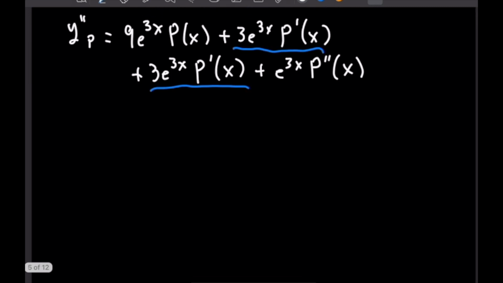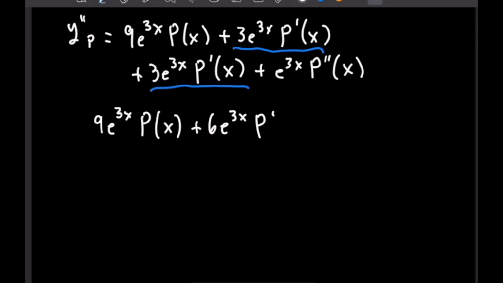So the coefficient for our y double prime is just 1, so we'll have 9e to the 3x times p of x plus 6e to the 3x, because those two terms combine, times p prime of x. And lastly, plus e to the 3x times p double prime of x. Our coefficient for our y prime term is negative 3, so we'll have negative 3 times, well, what was our y single prime?